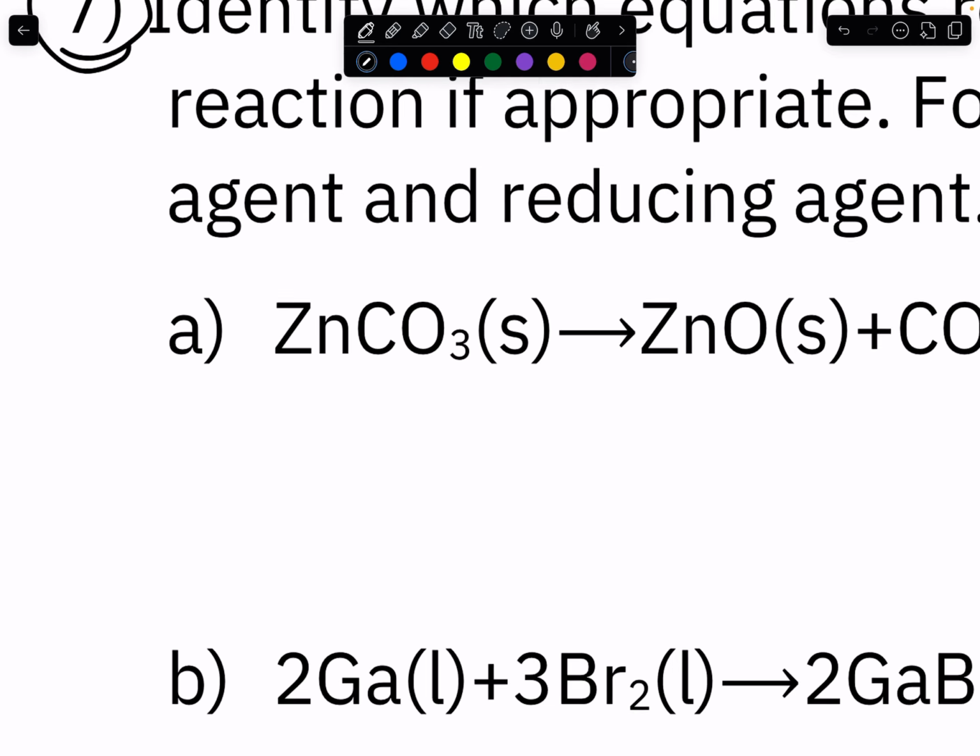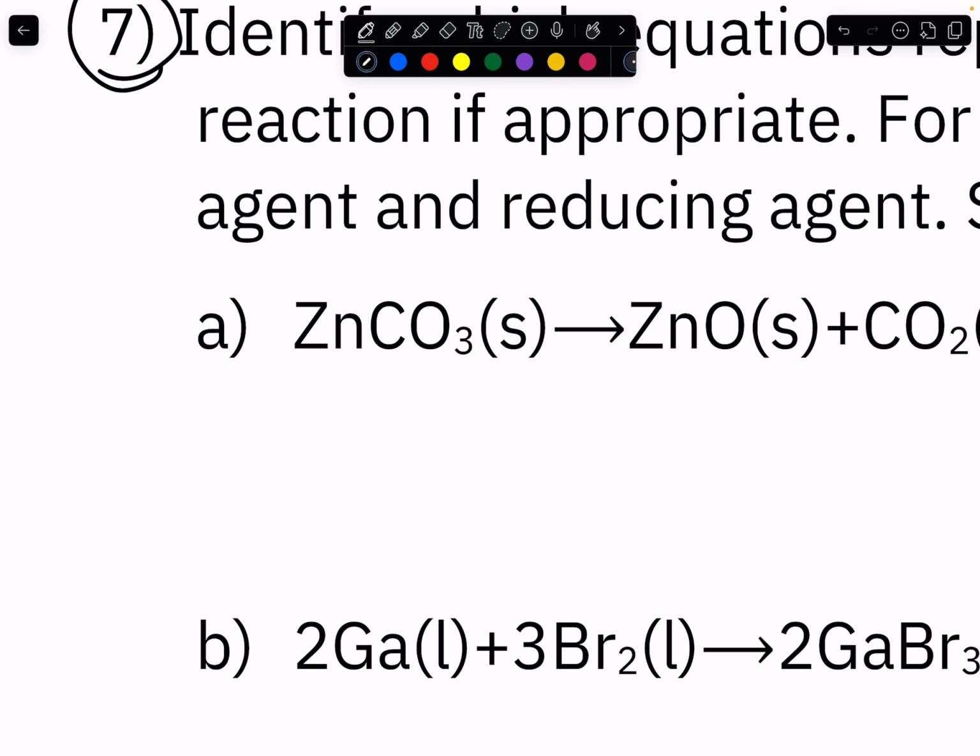I know that our zinc carbonate is going to have a total of a 0 charge. However, I know that carbonate has a -2 charge overall. I know that carbon has a +4 charge, and I know that oxygen has a -2 charge.